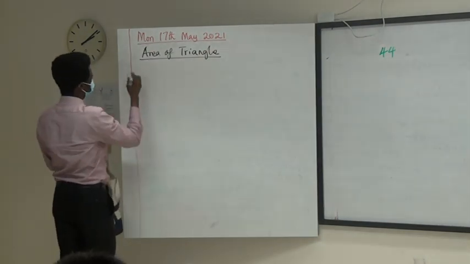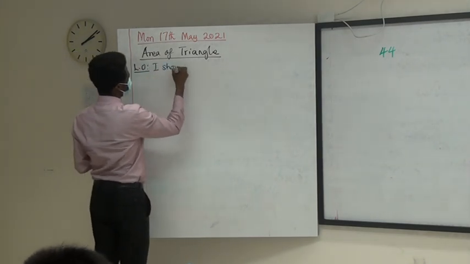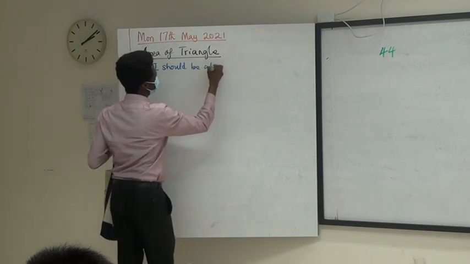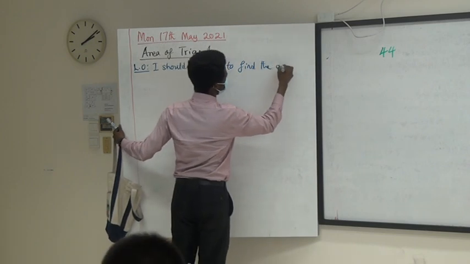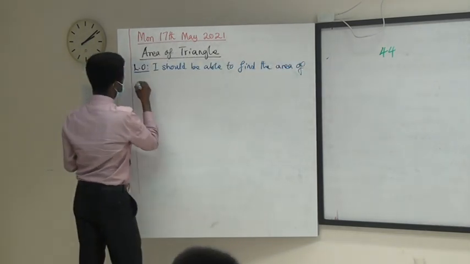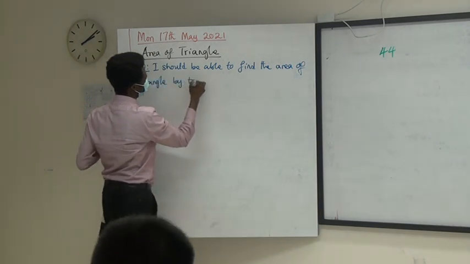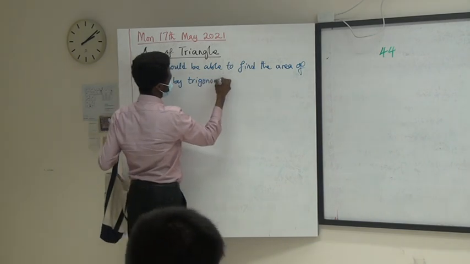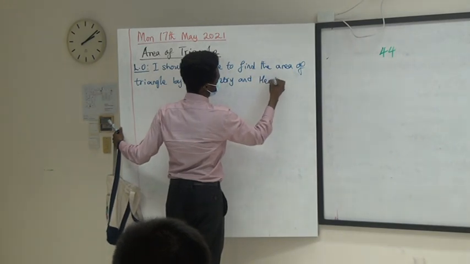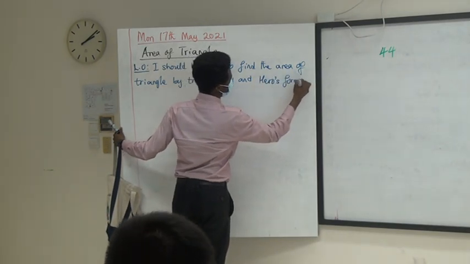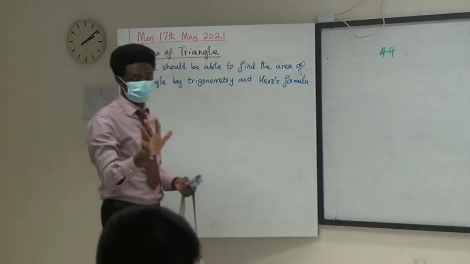So two things we want to quickly do. So two ways to find the area of triangle. You already know one. There are three altogether.